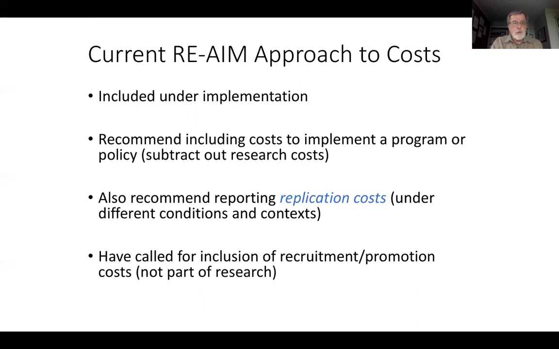For example, many programs involve electronic health records. So with a different or no electronic health record system, what would it cost them in these different settings? This is even more of an estimate than estimating cost in a given study, but we feel it's really important.